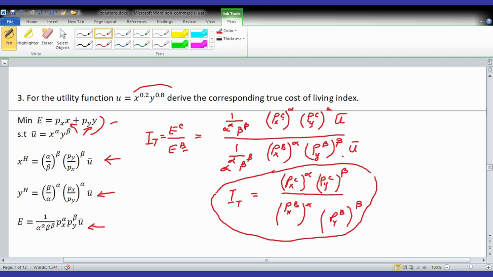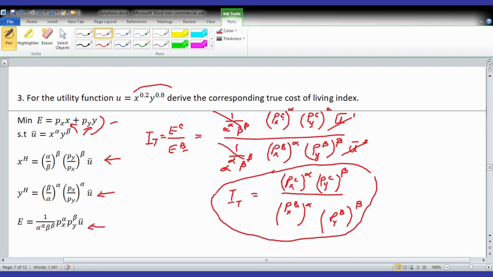Now these utilities will be cancelling out. Similarly, these will be cancelling out, and I will be getting px c raised to the power alpha, py c raised to the power beta, divided by the base year price of x raised to the power alpha multiplied by the base year price of y raised to the power beta.